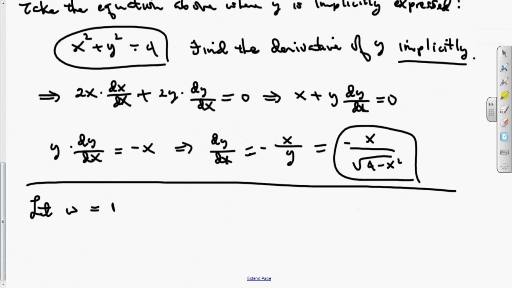Let w be a function of x and y. Let's say, for example, we set this function equal to 0.